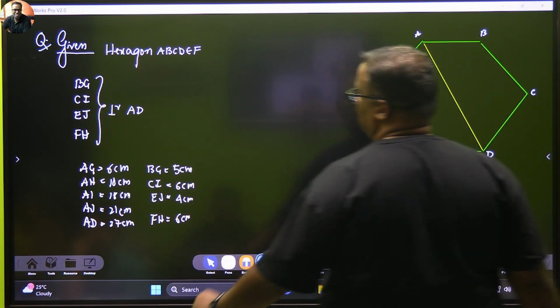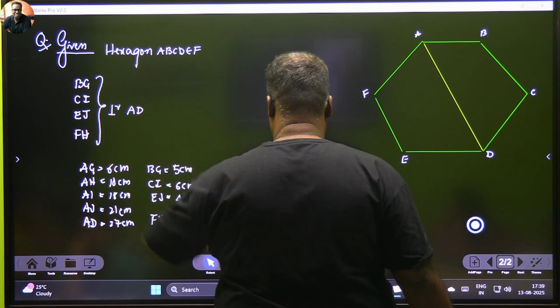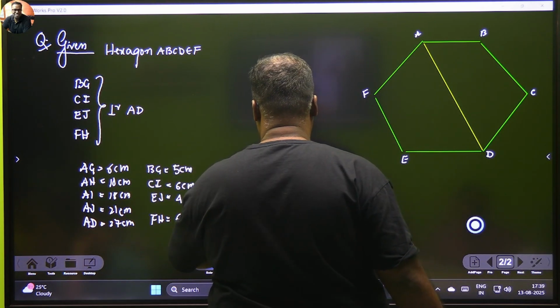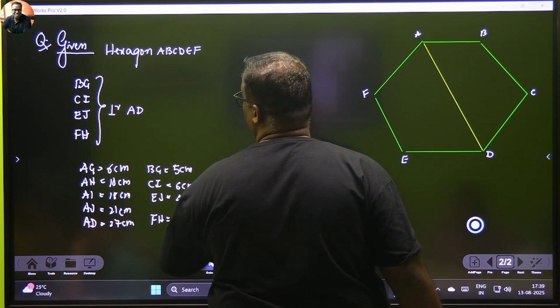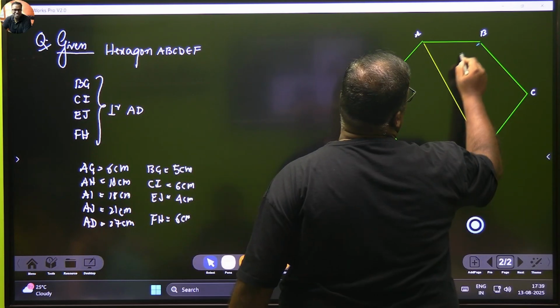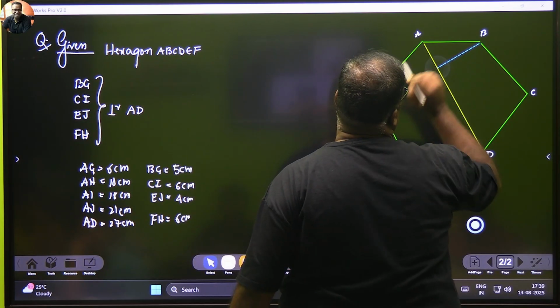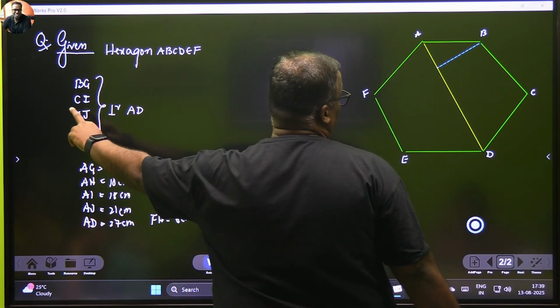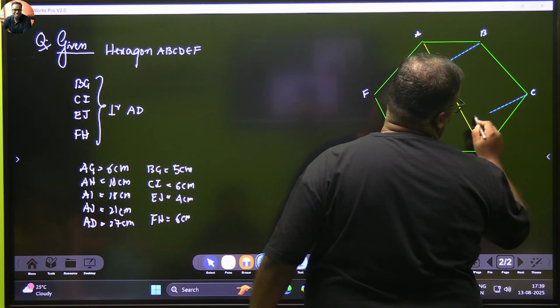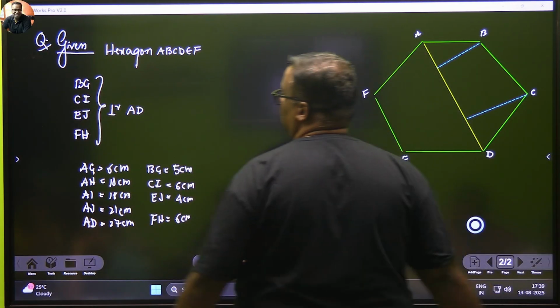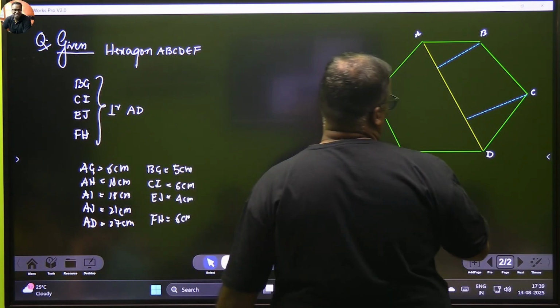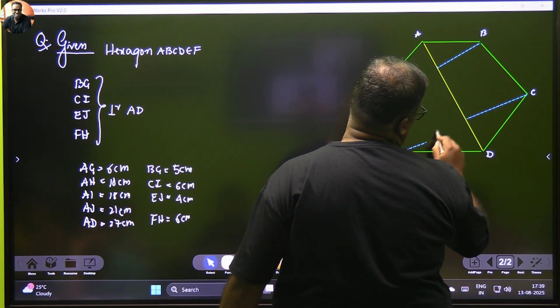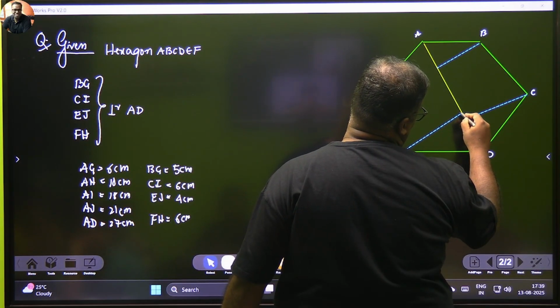And now they say there are so many perpendiculars. So let's look at the perpendiculars stylishly. One of our perpendiculars is BG, so it is perpendicular out here. This is BG. Then CI, which is also a perpendicular. Very good. Then EJ, also a perpendicular, somewhat like this.